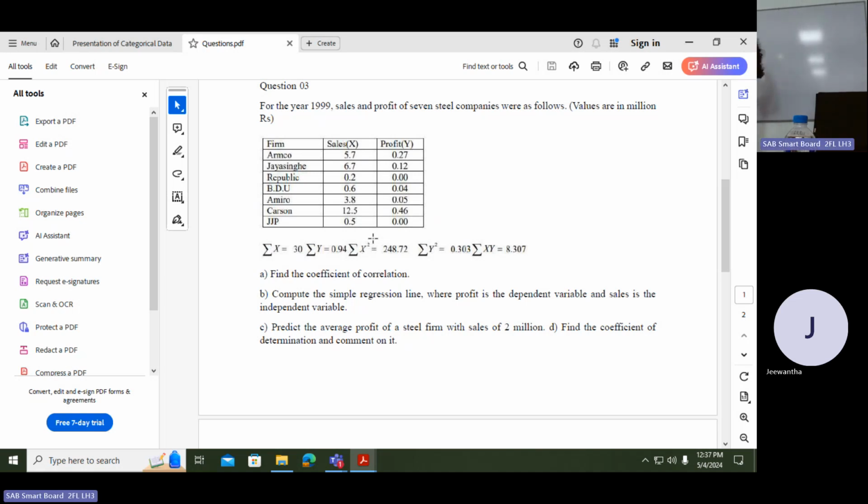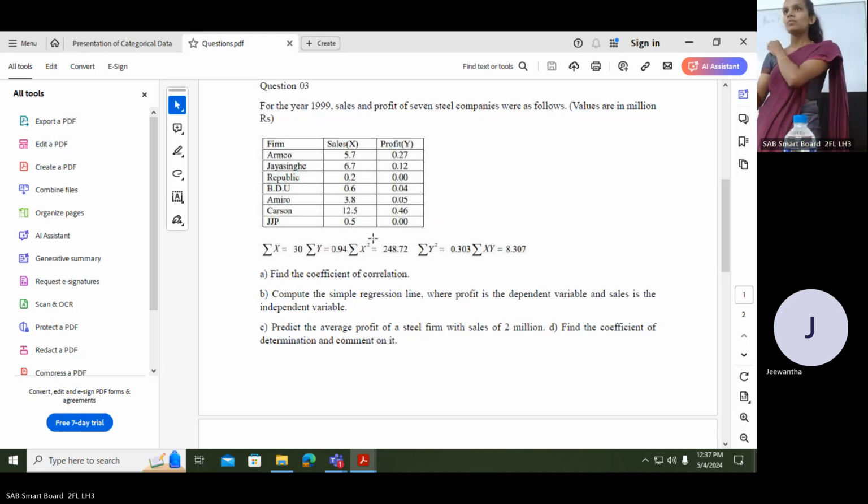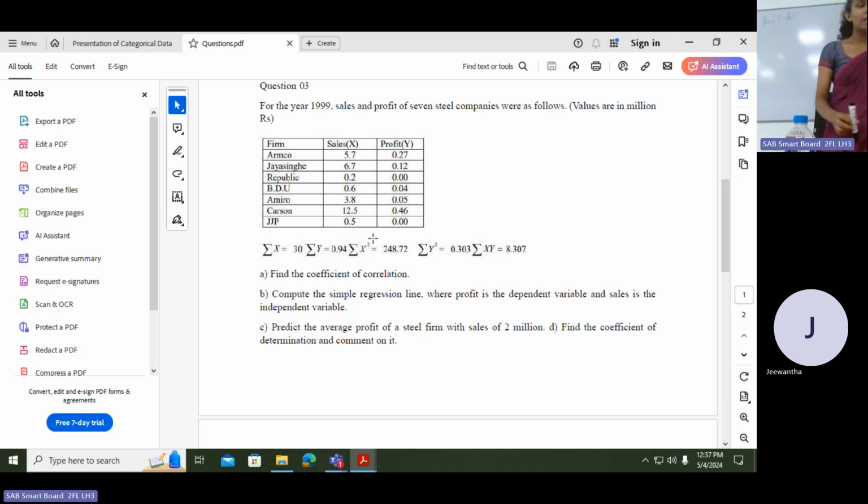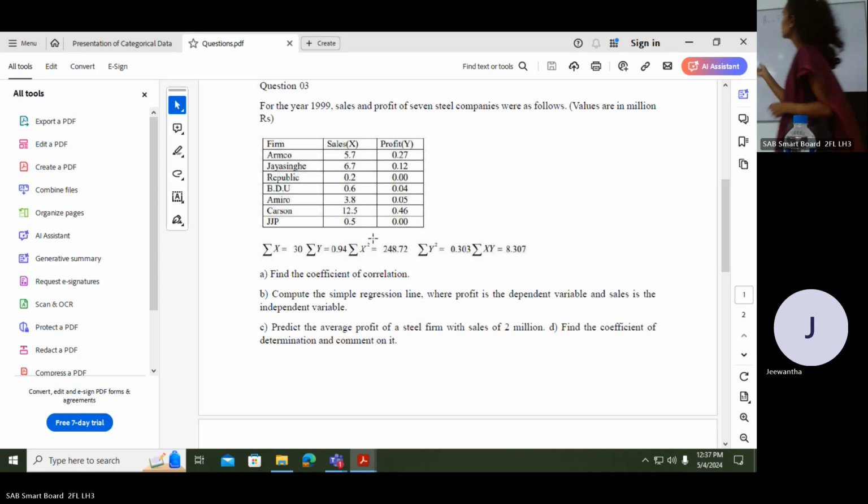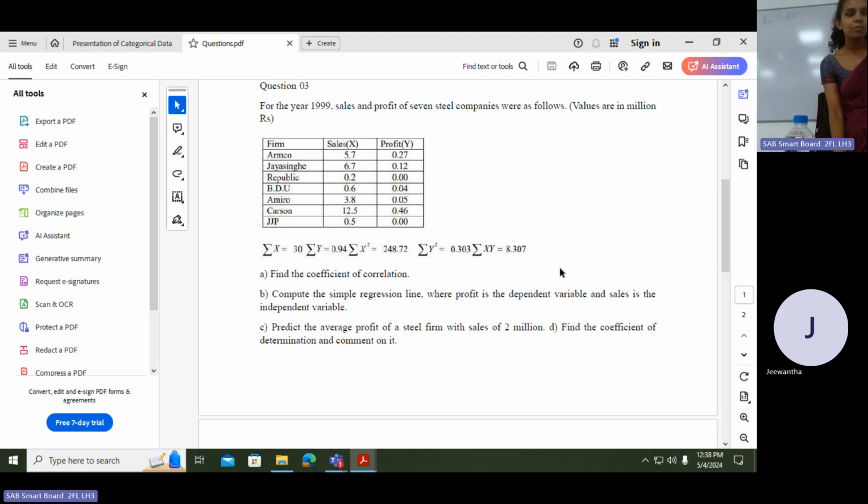The equation must be the one for beta naught. Then you can substitute the values now. Sigma xy. What is the value of sigma xy? 8.307.